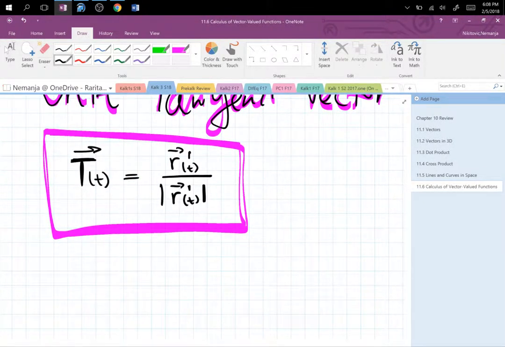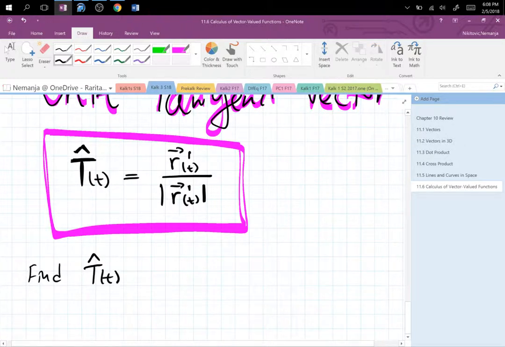You can also use the hat for it because it's a unit vector, right? I'll put the hat over here. You can use an arrow, but unit vectors should have hats.